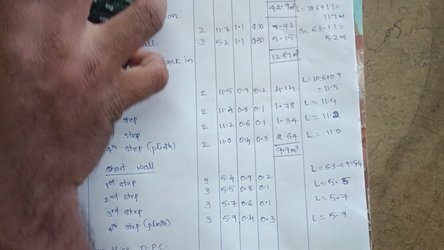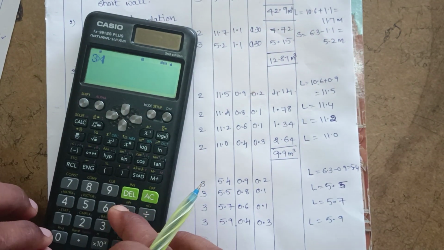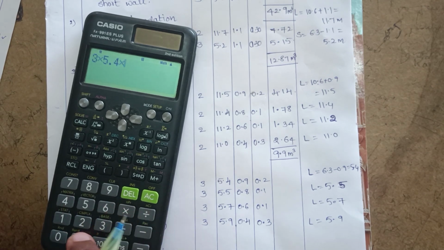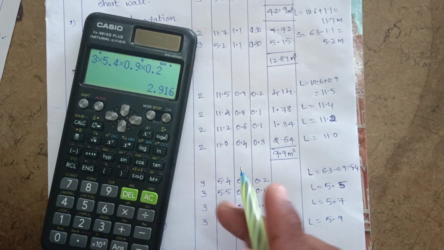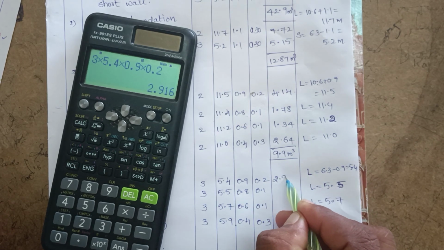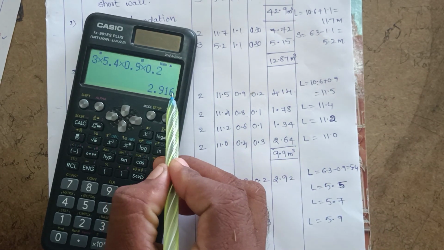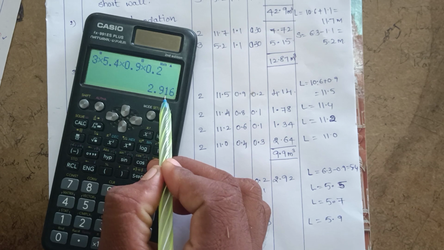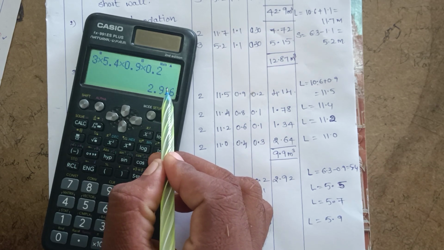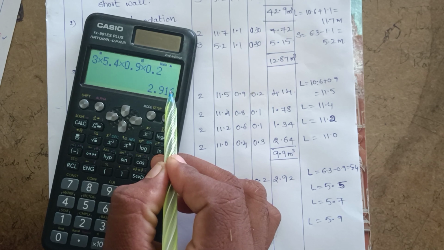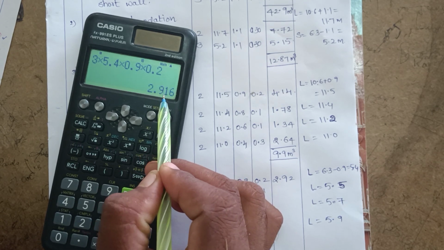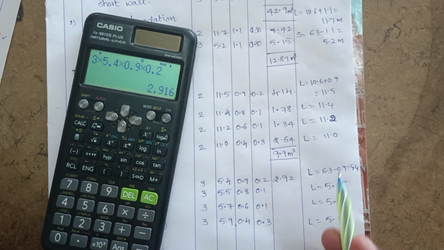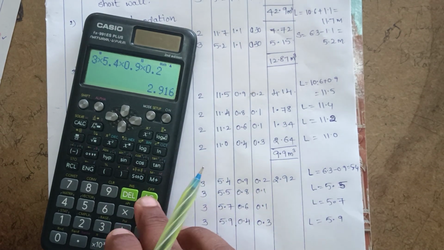Now calculating these: 3 into 5.4 into 0.9 into 0.2, 2.92. When rounding to two digits, if the next digit is more than 5, you round up to the next figure, so that it becomes 2.92.